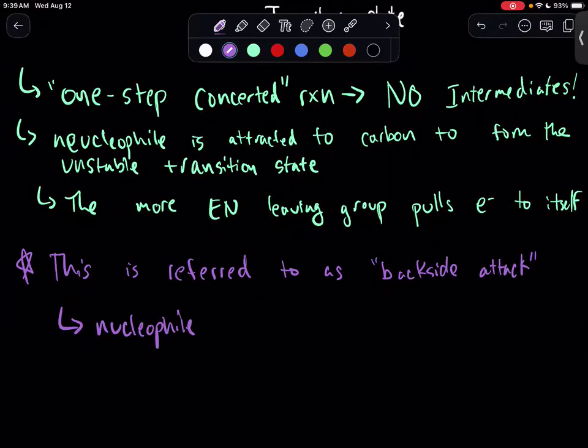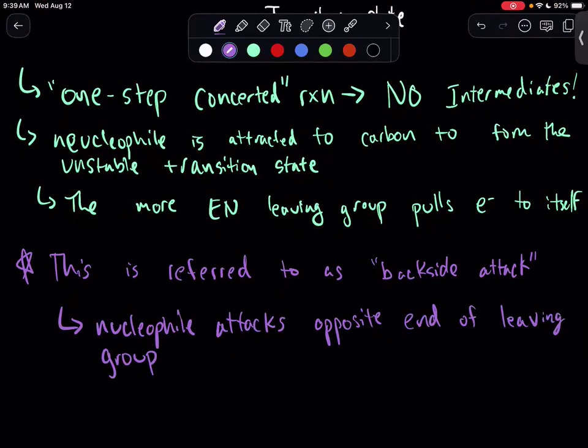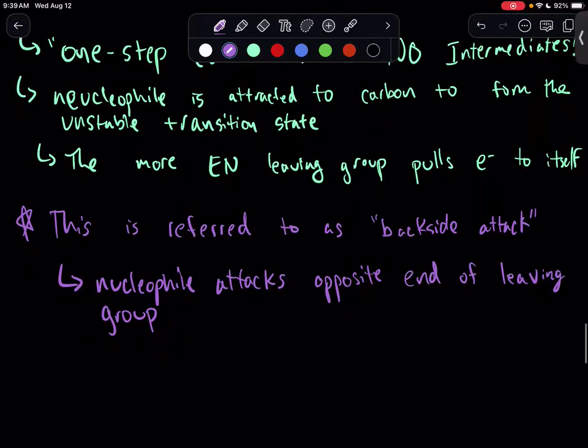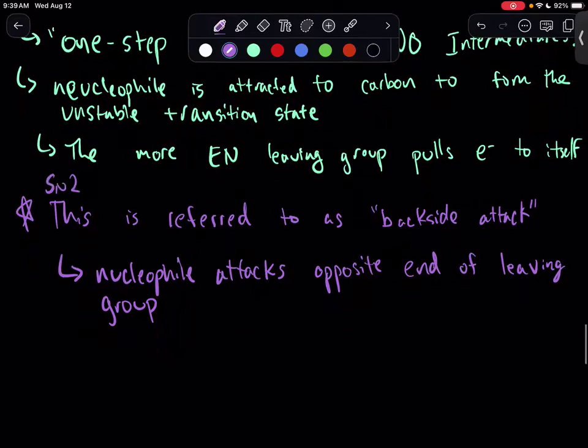Nucleophile attacks opposite end of leaving group. Because once again, those leaving groups and the nucleophile are both electron-rich species repelling each other. This is what we pretty much always refer to SN2 reactions as.